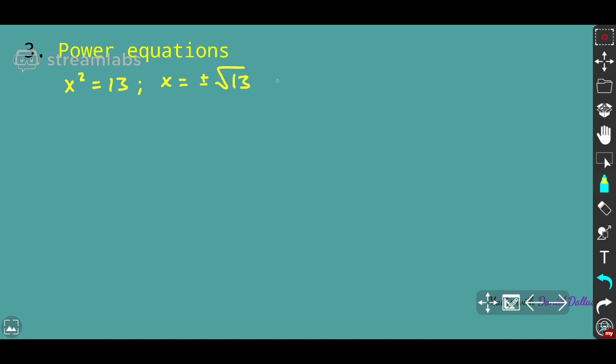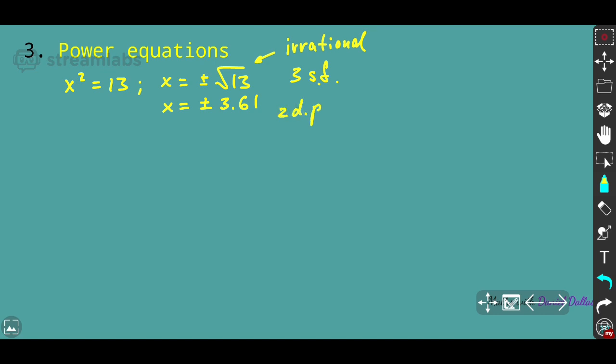Let's assume you want to calculate to 3 significant figures. In this case, you use a calculator, because the square root of 13 is an irrational number, and you need a calculator to get a decimal form. So 3 significant figures is going to be 3.61. That's the same as two decimal places, so they are the same in this case.